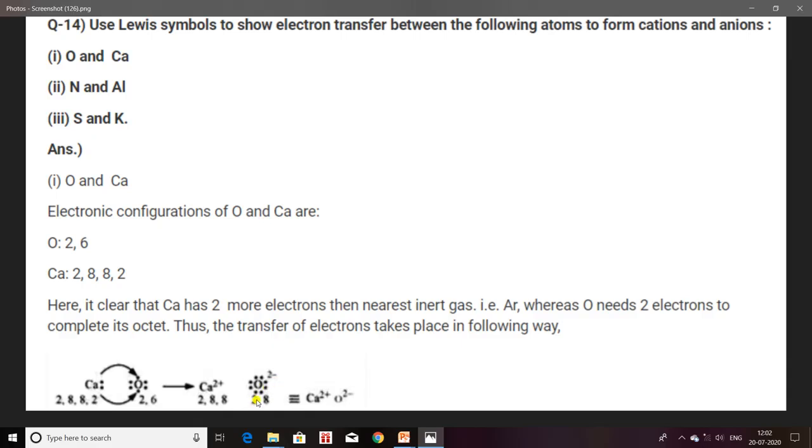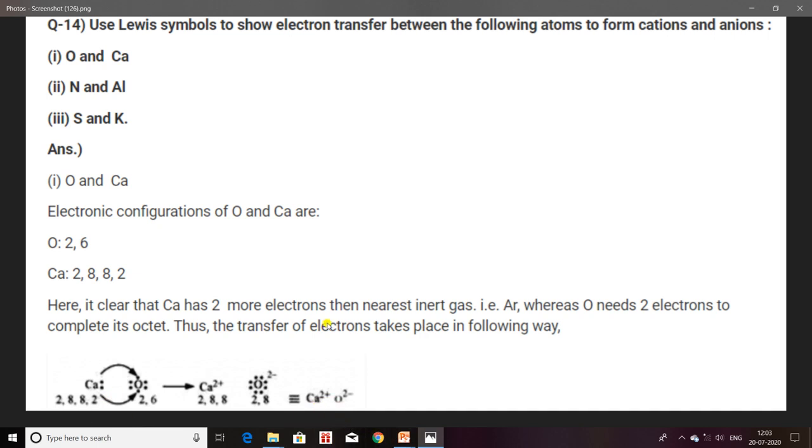Okay. So here the electronic configuration of oxygen 2 negative is 2,8 and calcium 2 positive is 2,8,8. Now they are stable. So the ions will combine with each other and they will form an ionic compound. Okay. So this is the Lewis dot structure and this one is the ionic compound.